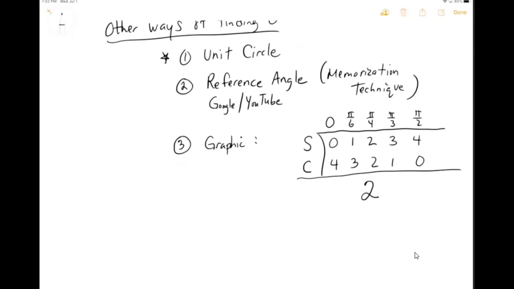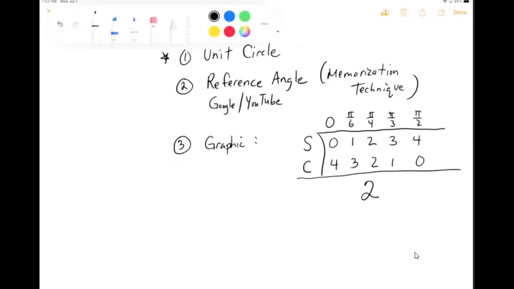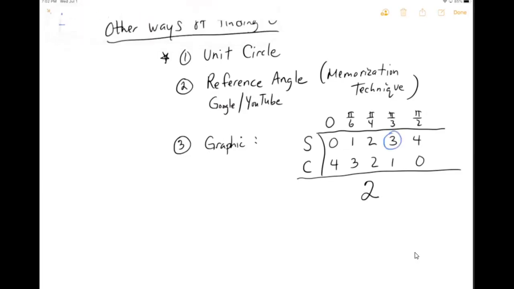All right, now, inside the square root, there are 10 numbers. It's either 0, 1, 2, 3, or 4. You're going to pick one number. So for instance, let's say I pick this number here, this 3. Notice it's in the first row there, right? So this is the sine row and this is the cosine row.